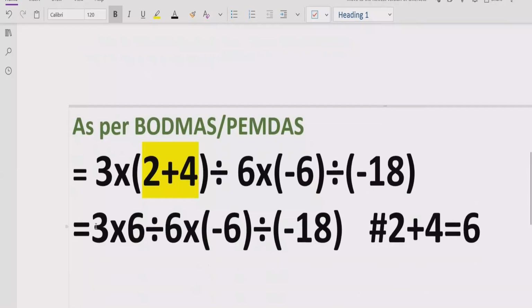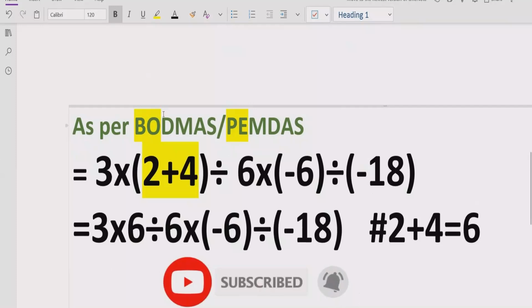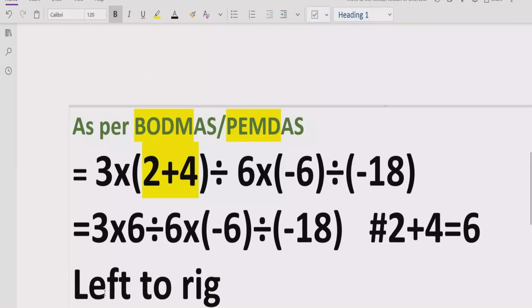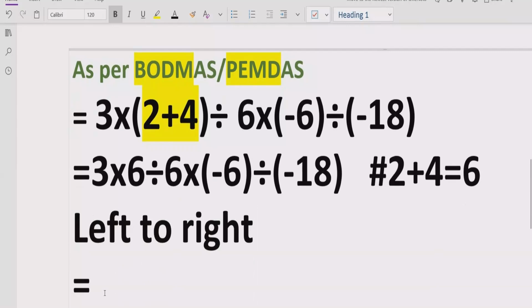Now move forward. Step number 1 we have solved. So now move forward to step number 2, which is the exponent part or order of the expression. In this expression, we do not have any number which has a power, so we can skip this step. Now move forward to step number 3, which is division and multiplication, or you can say multiplication and division. So you have to go left to right and find out which is coming first.